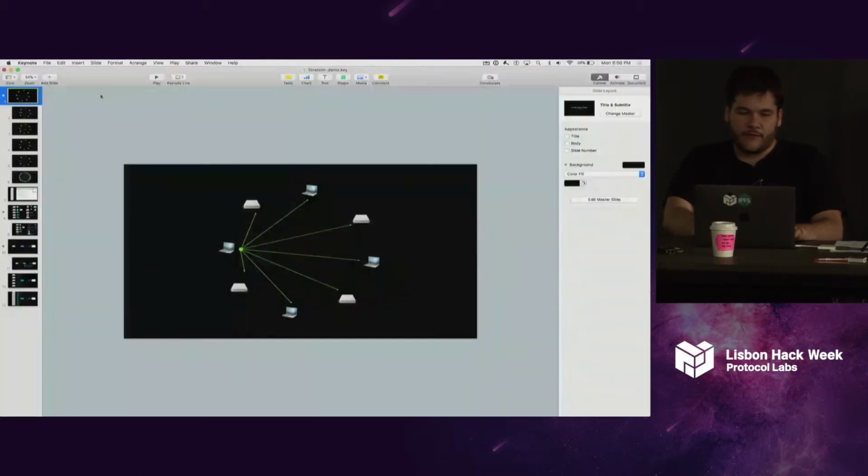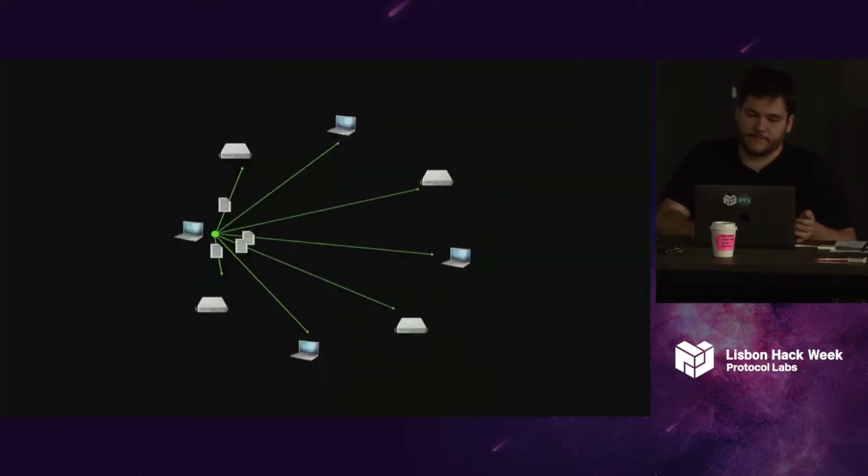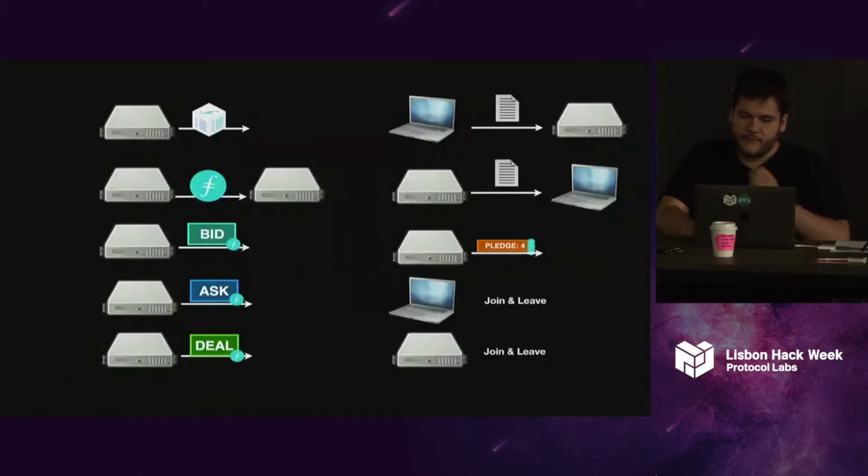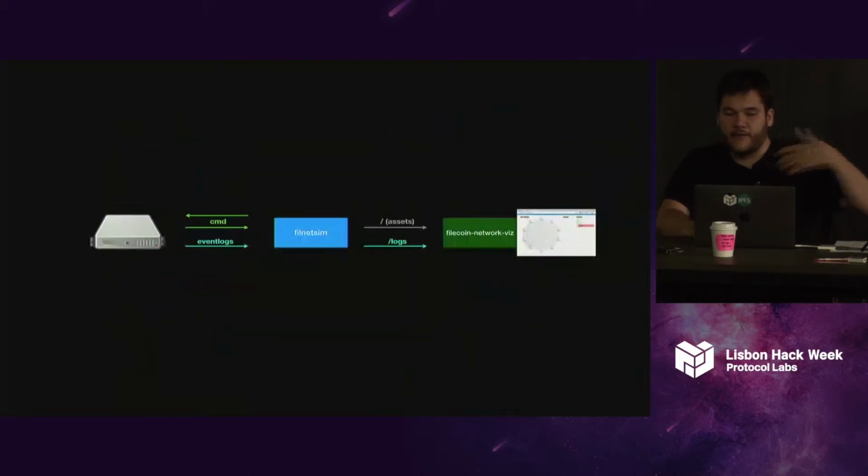A way to look at that is, there's all these events that we want to track, and we have a program that outputs event logs, and there's a thing called FileNet sim for now that issues commands, takes all the event logs and outputs them to the logs thing.